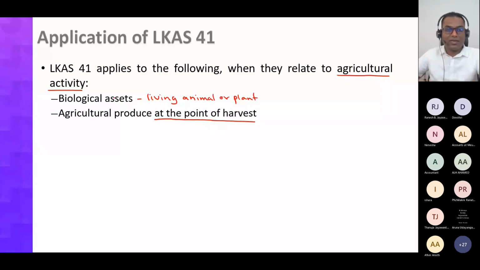It can be a calf, it can be a cow, living animal, as well as agricultural produce, harvesting of milk. Very important at the point of harvest, not after the point of the harvest. After the point of the harvest, same agricultural produce would become inventory. Then the applicable standard, as I mentioned earlier, LKS 2. I hope you got an idea about that now.